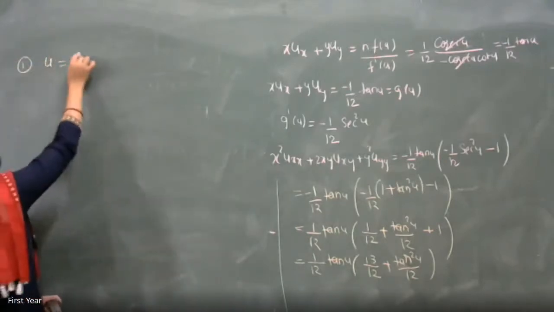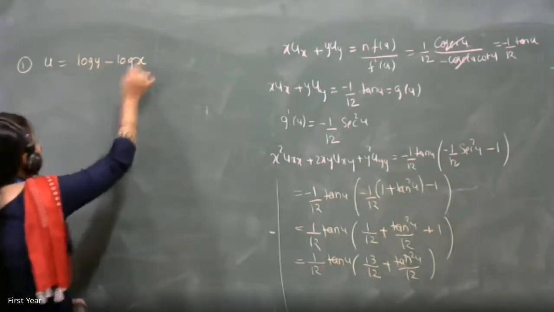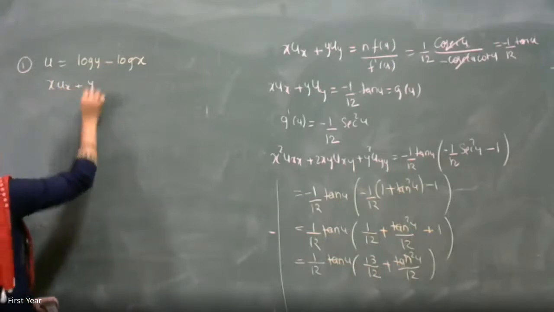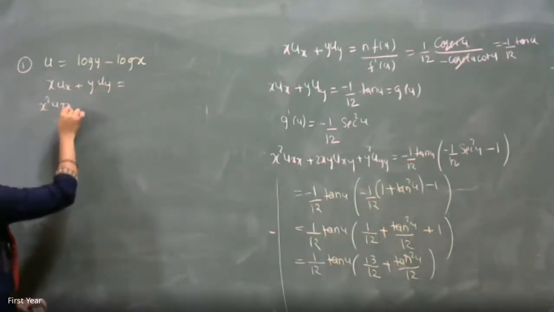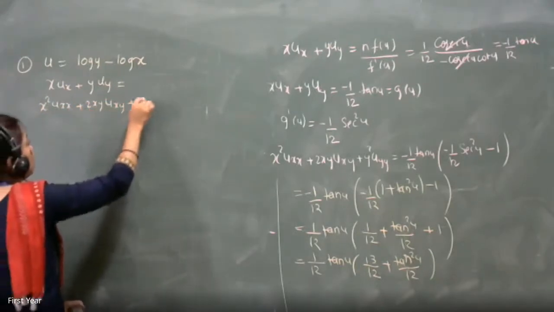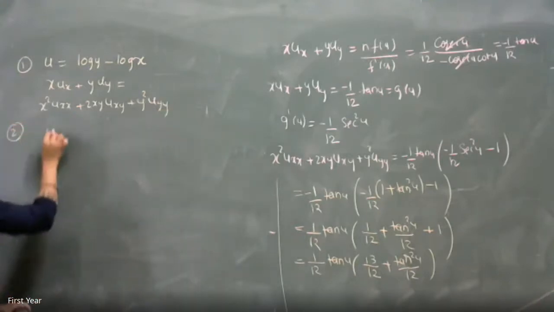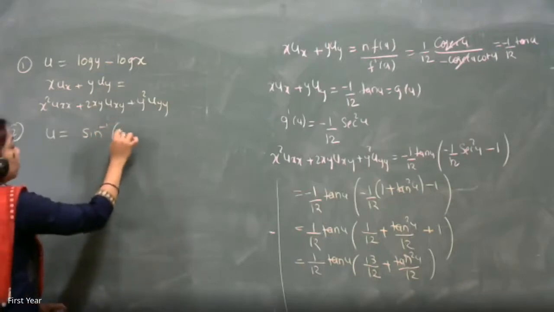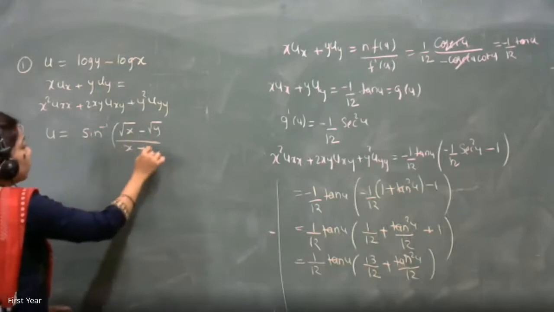u is equal to log y minus log x. Then find x ux plus y uy as well as x square uxx plus 2xy uxy plus y square uyy. Second is u is equal to sine inverse of root x minus root y upon x plus y.